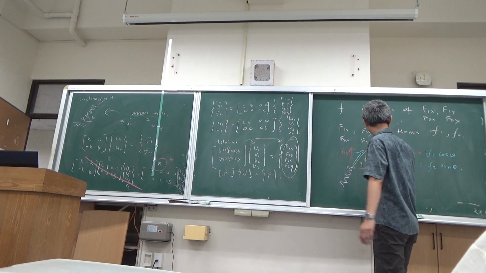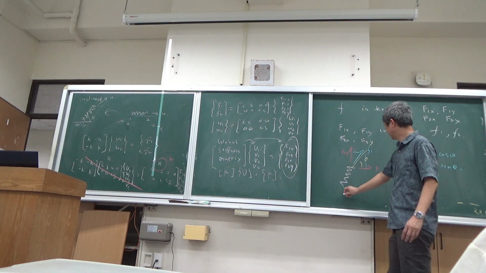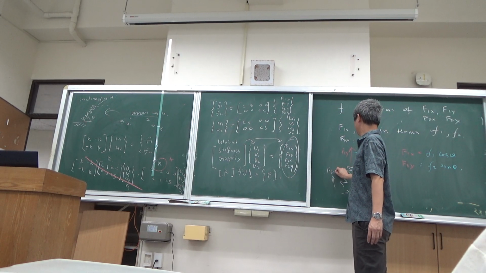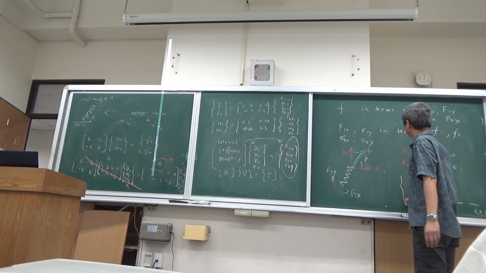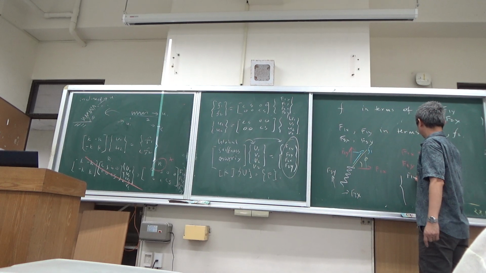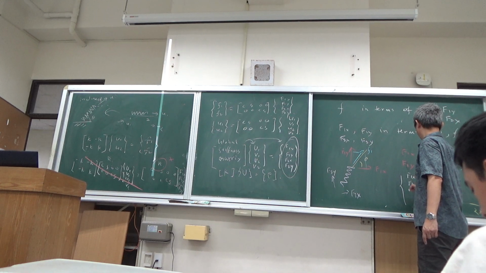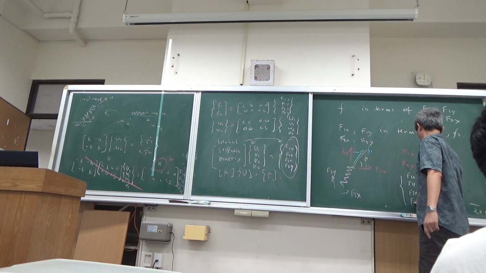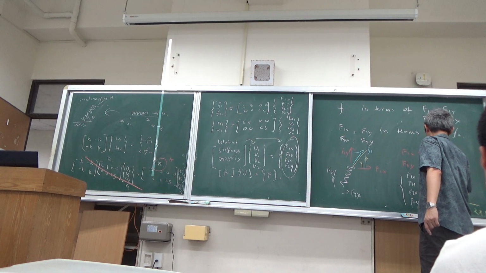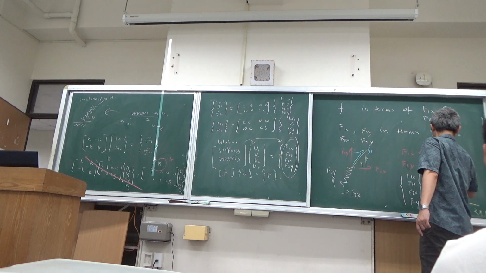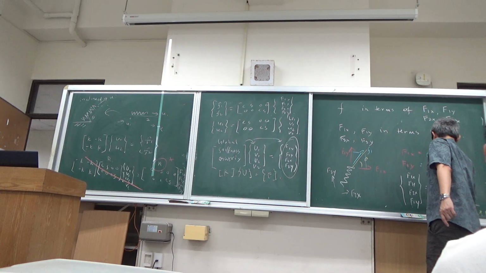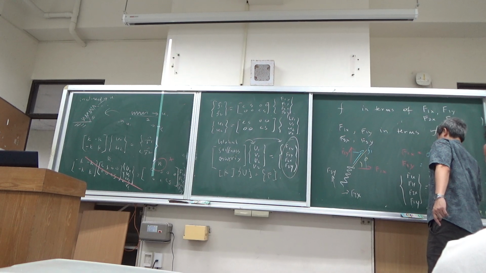Okay, if you do the same on the other node, you have the F2x, F2y. Then you can now write the global forces as F1 cosine theta, F1 sine theta, F2 cosine theta, and F2 sine theta.